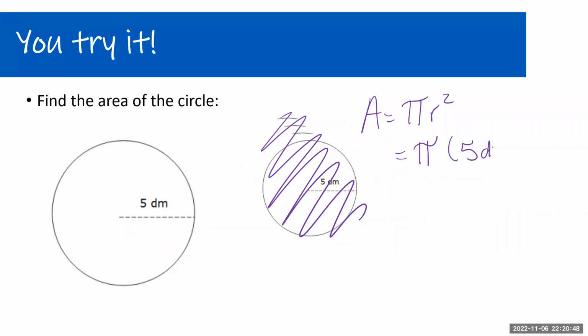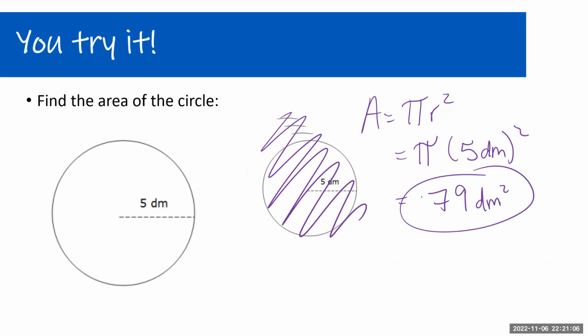So we're going to have 5 decimeters squared. If we plug this into our calculator, remember we just leave the unit off in our calculator. We are going to get 79 square decimeters. Okay, rounding to the nearest whole number. Obviously, you'll have to round some when we're dealing with pi, because it's that whole irrational mess.